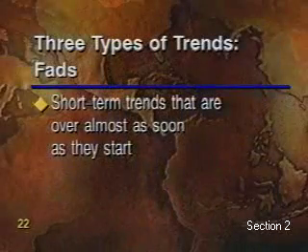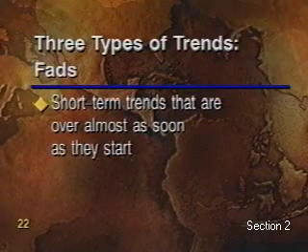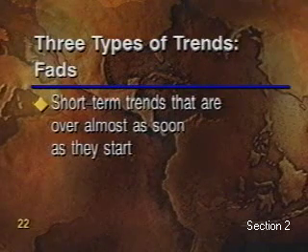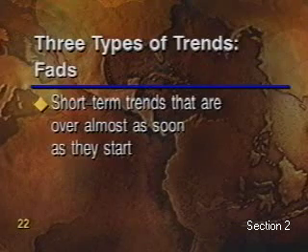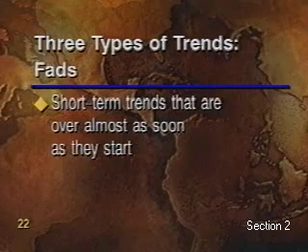For one thing, you will need to learn to distinguish between three types of trends. First, there are fads, short-term trends that are over almost as soon as they start, like the public's wild interest in a style of music.